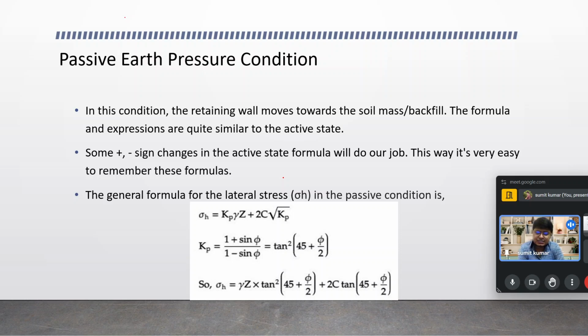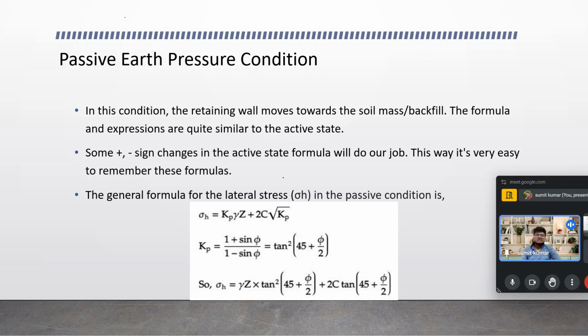In the passive state of stress, as you are already aware, the retaining wall moves toward the soil mass backfill. So the formula and the expression are quite similar to the active state.